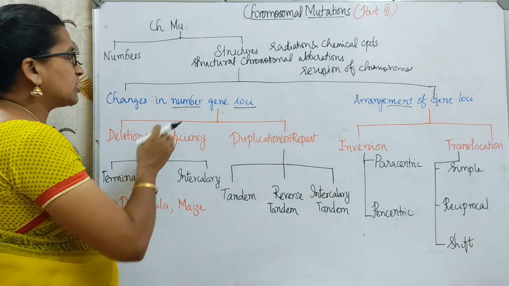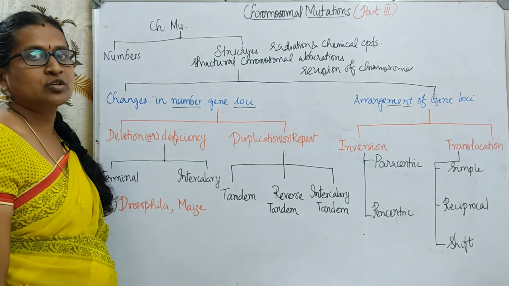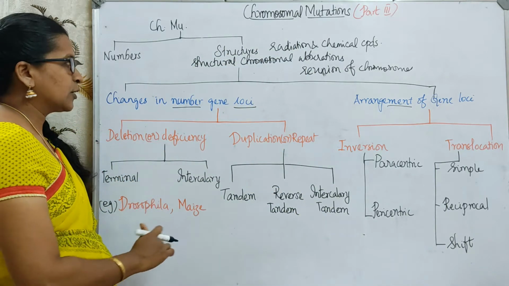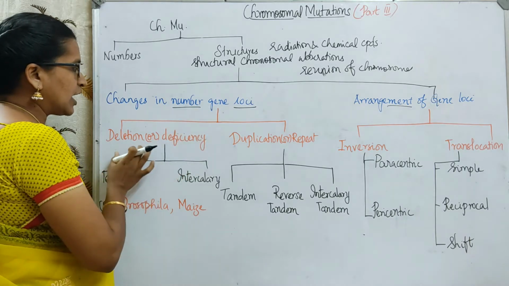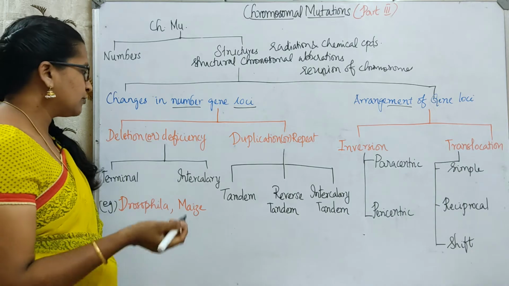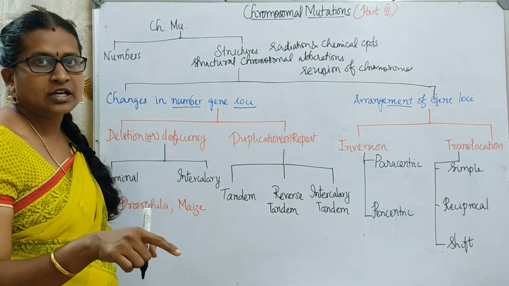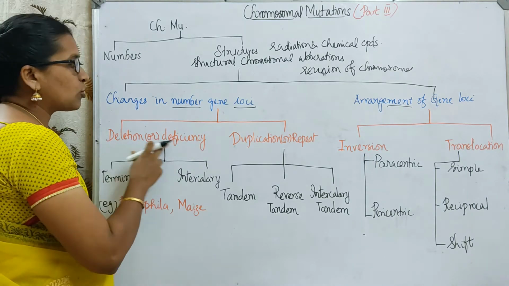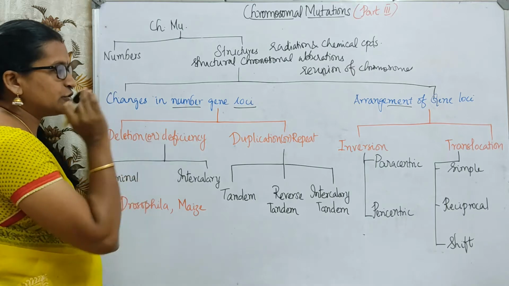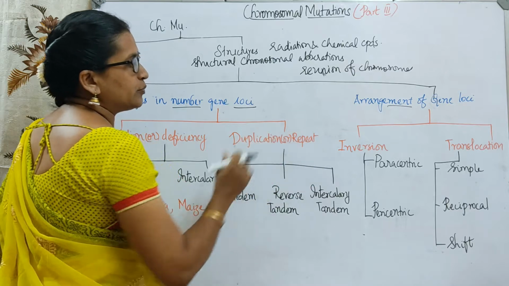According to the number of gene loci, it is again divided into two forms. Please be clear with this chart, don't get any confusion. First, according to the number, we have deletion, which is called deficiency. Obviously when a deletion takes place, it causes deficiency. Hence we also call it a deficient mutation. Second, we have duplication or repeat.